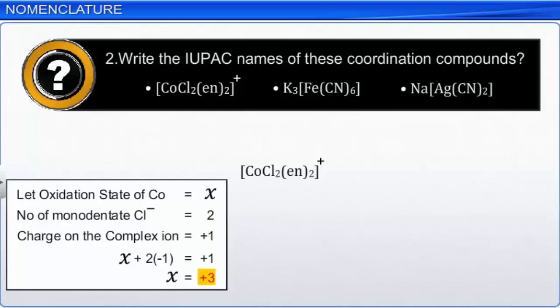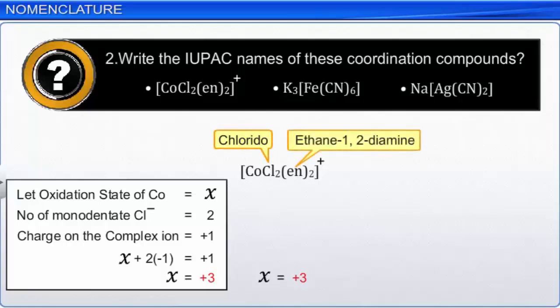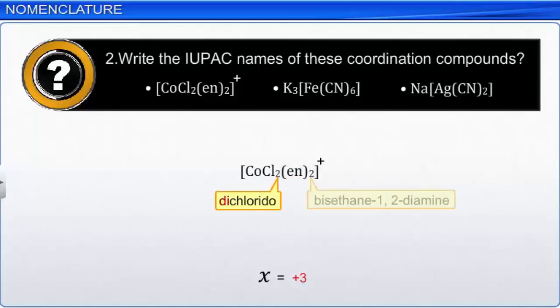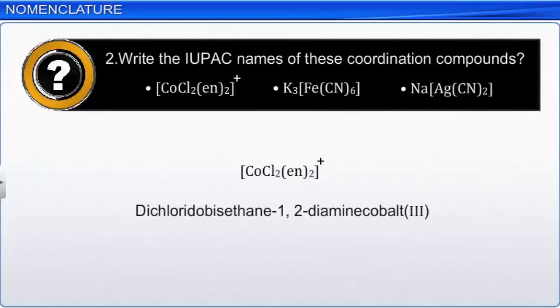The number of chloride and ethane 1,2-diamine ligands is indicated by the prefixes di and bis respectively. Thus, the IUPAC name of the given complex is written as dichlorido bis ethane 1,2-diamine cobalt(III). Similarly, the IUPAC names of the other complexes are written as shown here.